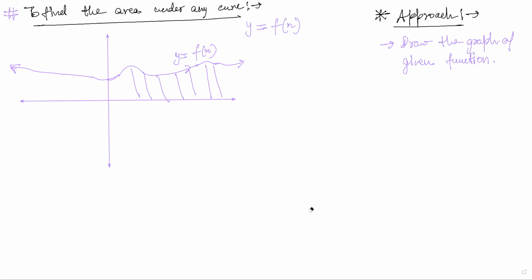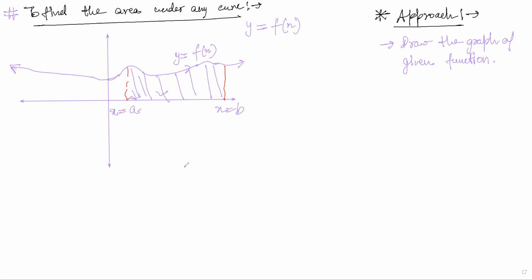For that specific area, you will always be given some limits. Like you will be told to find the area under y equals f(x) from x equals a to x equals b. This is the area you need to find.